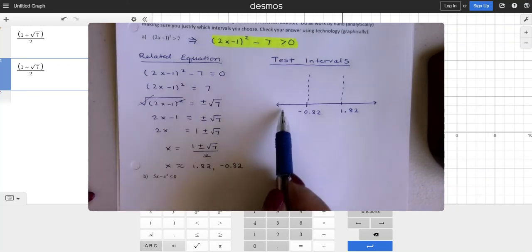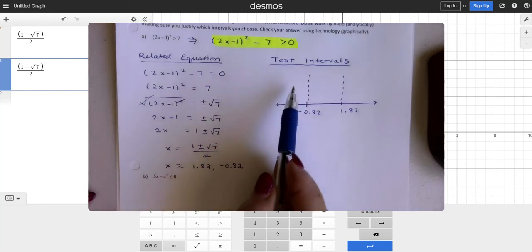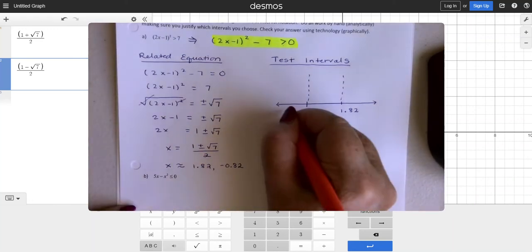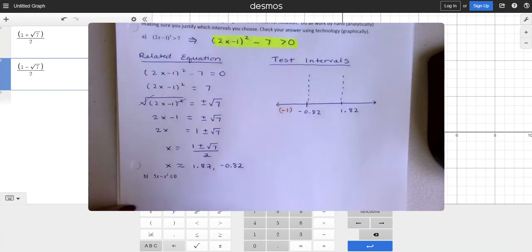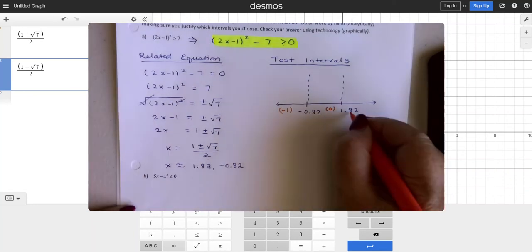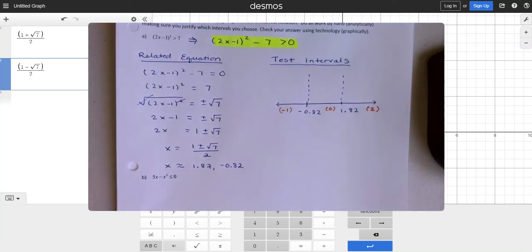I'm going to pick one test value in each section because I know each section either is going to be greater than 0, so it works, or is not going to be greater than 0, so it doesn't. Your test values, you can pick whatever you want here. I'm going to go with -1, which certainly belongs over on this side. I need something between those two, so I'm going to go with 0. And then something bigger than 1.82, I'm just going to go with 2.